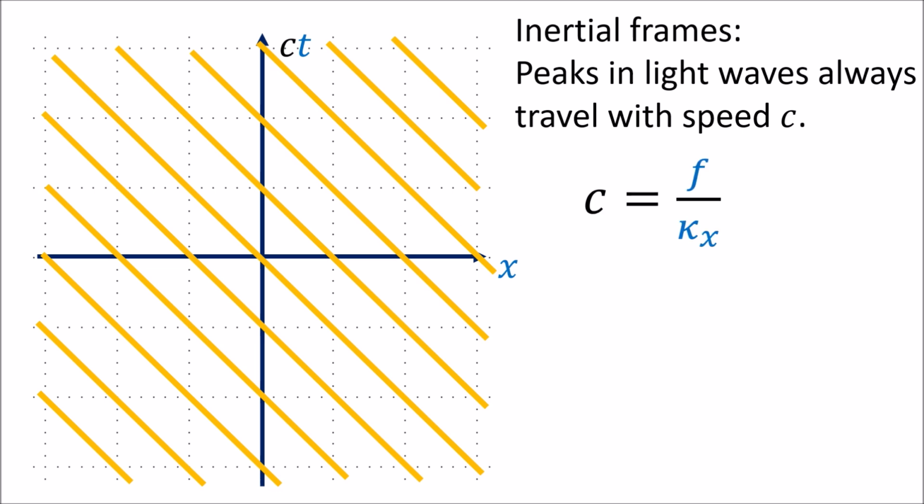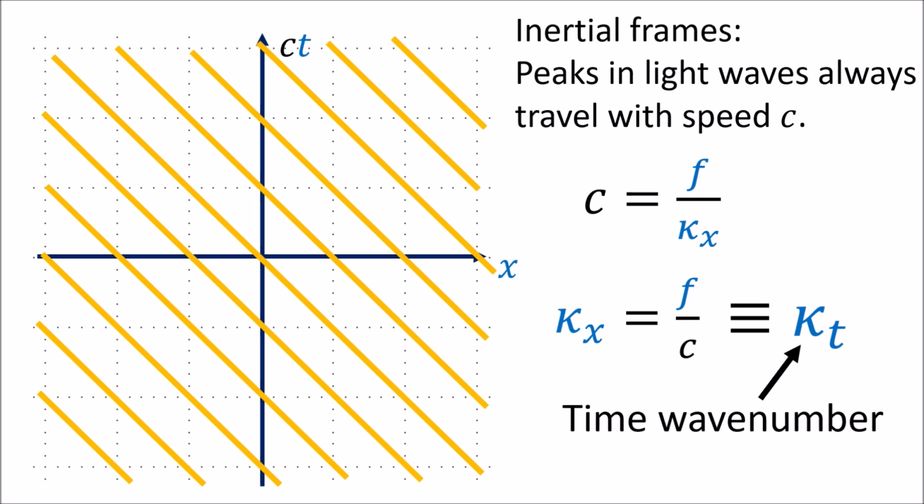This means that for a light wave, the speed of light c is always equal to light's frequency divided by its wave number. In other words, f over c equals kappa x for a light wave. For convenience, we will denote f over c by kappa t, and we call this quantity the time wave number.